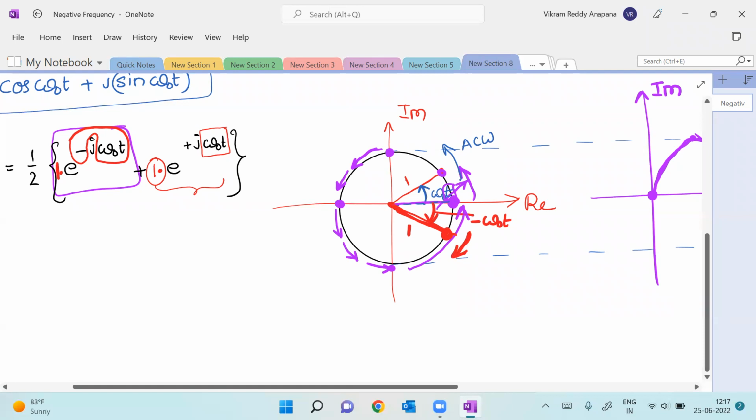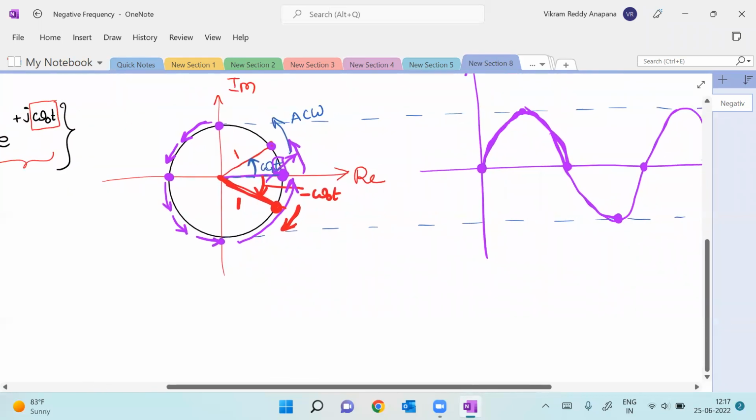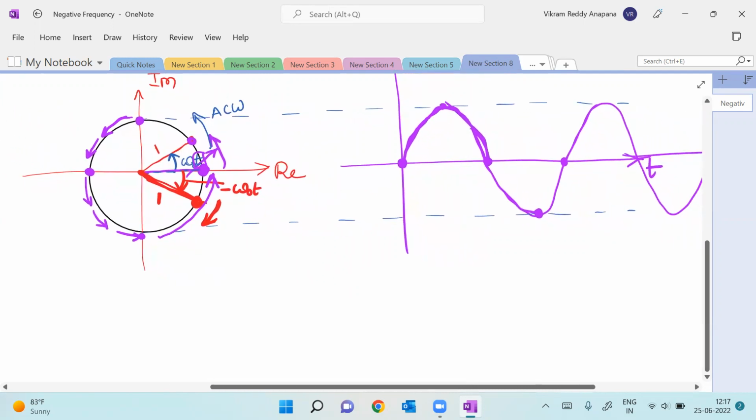So how do we plot this? Again, you start your journey from here. I want to plot the imaginary component with respect to time. Here the imaginary component is 0. Now you are moving towards this, and you touch here. This is negative imaginary.